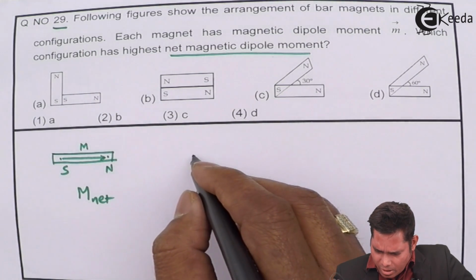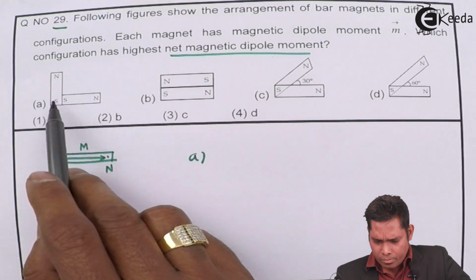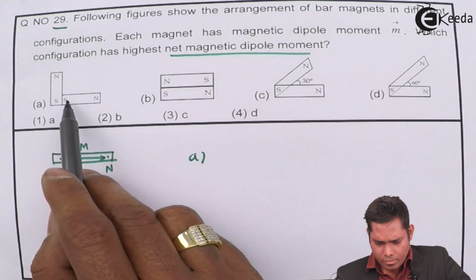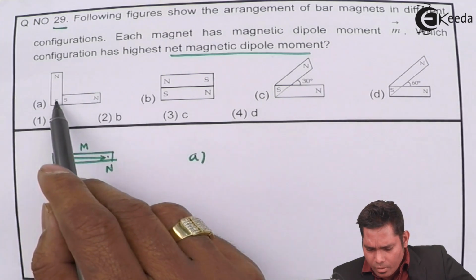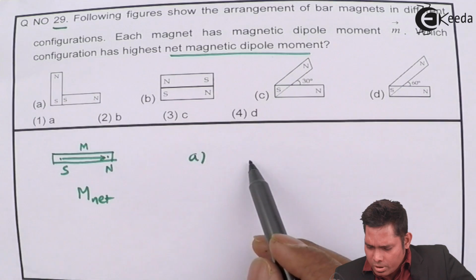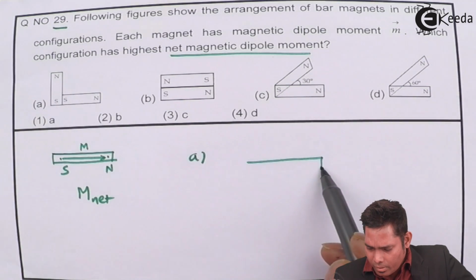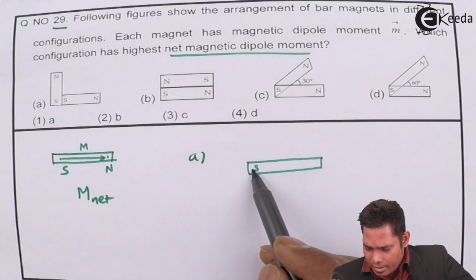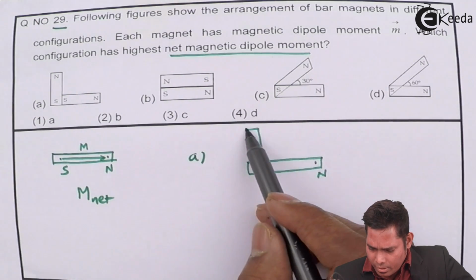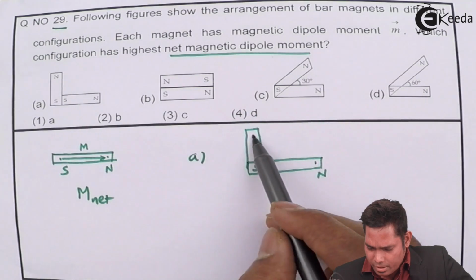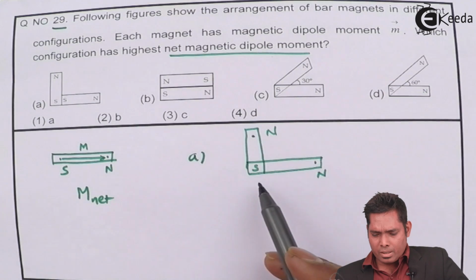If I see situation number 1, figure 1, this is my S, this is my N, and this is my S and this is my N. So this way it is kept.